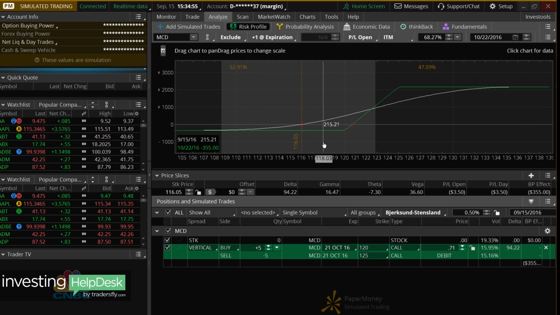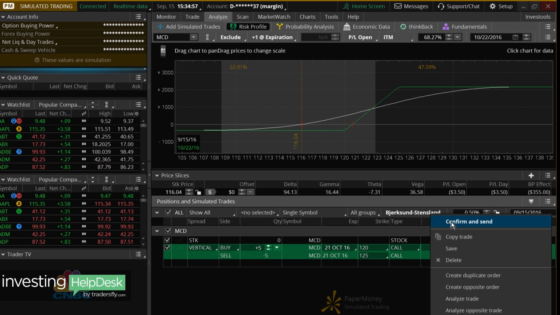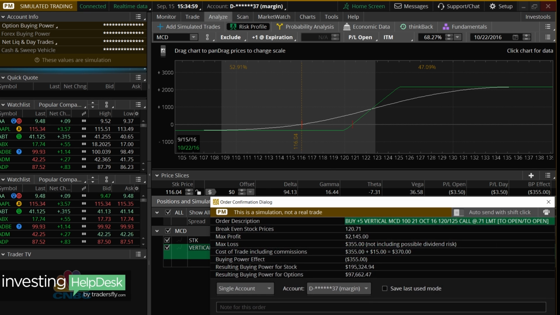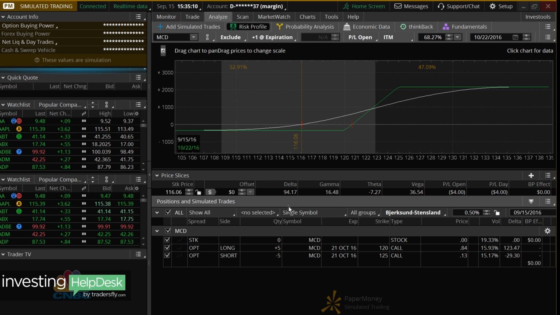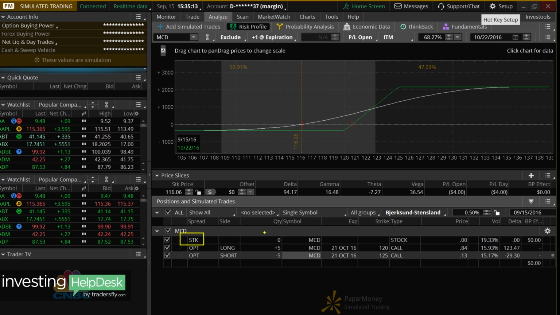Now what I can do again is right click, confirm and send. Once I'm in that position, which you can see right here, this big entry thing that's saying you're in the position, you can see that I have, one more time, zero stock ownership right there.